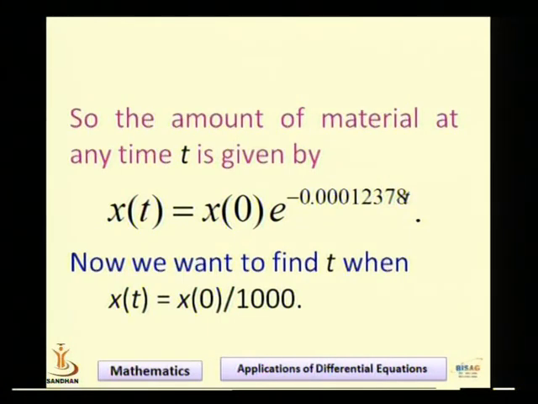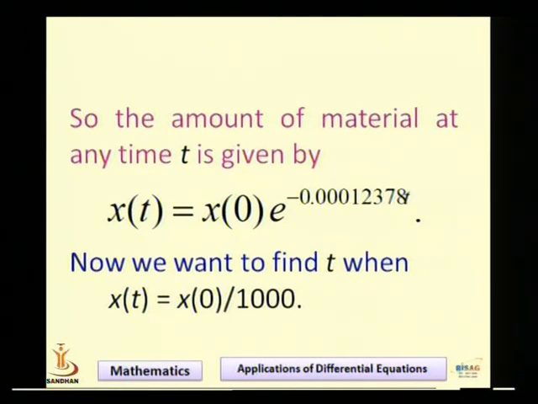So, the amount of material at any time t is given by x(t) = x(0) e^(-kt), with that constant multiplied by t. Now, we want to find out t when the amount is 1/1000th of the original one.